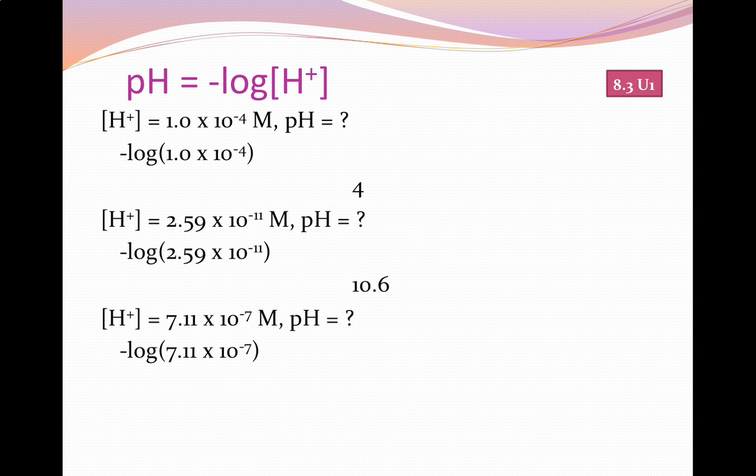So, I want to know the pH if my concentration is 7.11 times 10 to the negative 7. So it'd be negative log of 7.11 times 10 to the negative 7. Give it a try. Call me over if you don't get it.